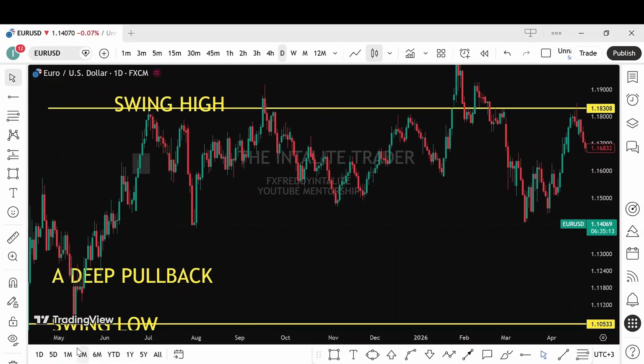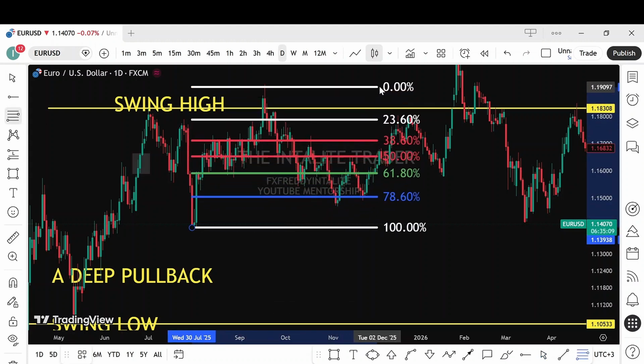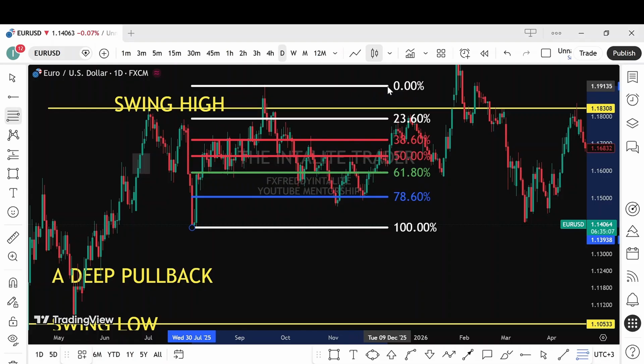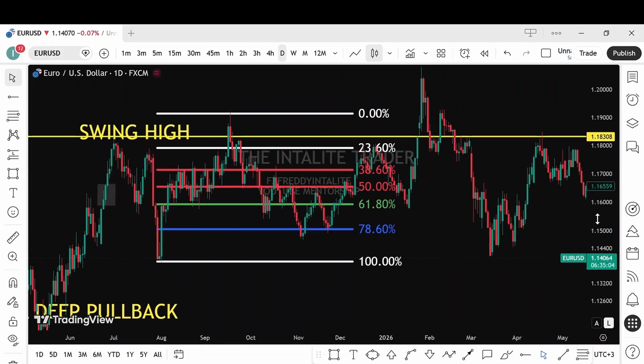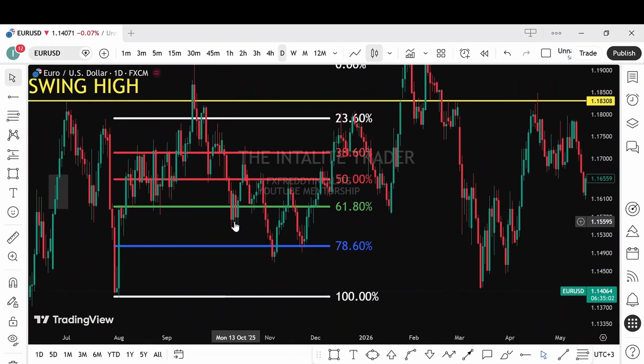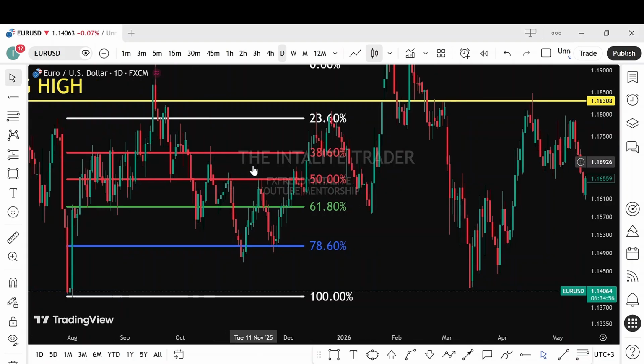Now this, we can take this as our... See what happened. This time price came to 61. It was like reversing. It came and reversed from 78.